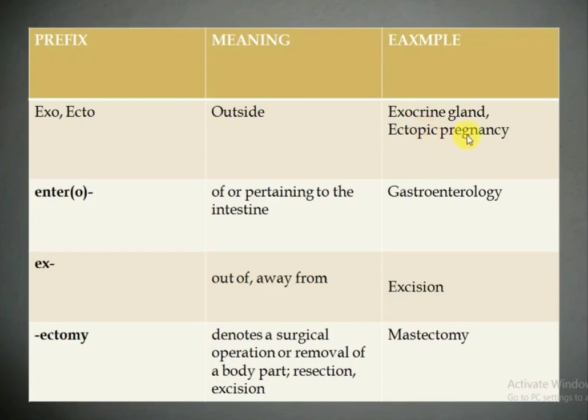Entero means of or penetrating to the inside of the body. An example is gastroenterology. Ex means out of, away from; an example is excision. Ectomy means removal of a body part. Resection denotes a surgical operation. Mastectomy is an example. These are some of the prefix meanings with examples to help understand medical terminology.